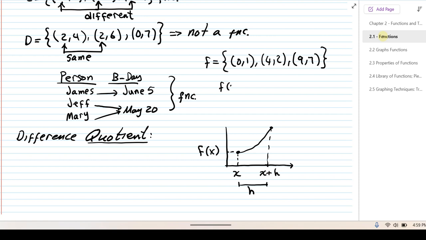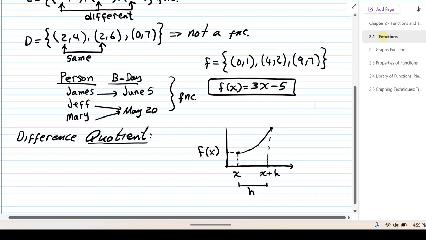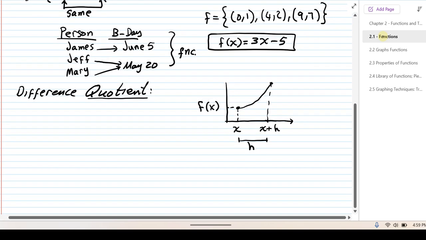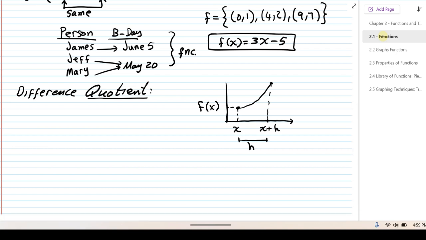So, for example, we use f of x equals 3x minus 5. So that would be the algebraic expression. We are not always given a set, so we don't list the members of the set. Sometimes we just have an algebraic expression that represents the function. So 3x minus 5 would be an example of that.